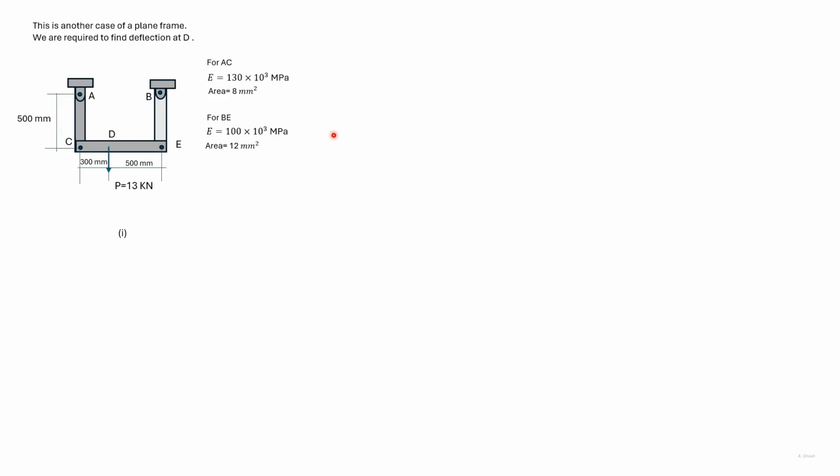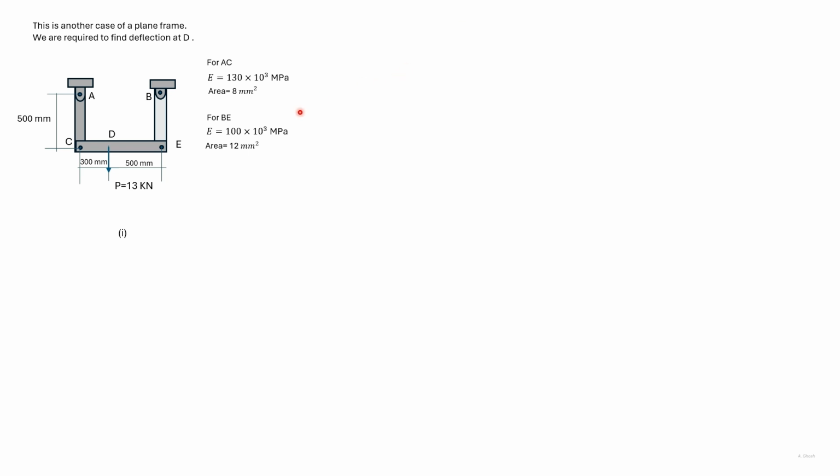Like the last problem, this is a problem where we have used the formula delta is equal to PL by EA and some geometry. Now for AC and BE, we know the length and we are also given E and A. So given the force, we can find out the extension of AC and BE.